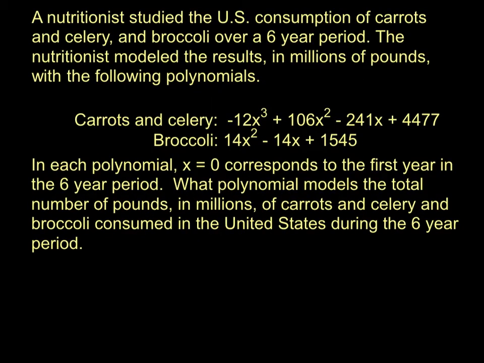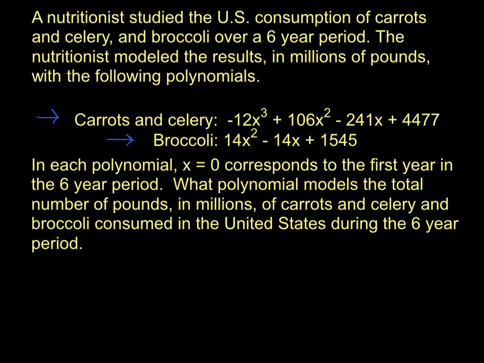Okay. So let's take a look at this. Take a minute and read this word problem and figure out what it is we're trying to set up. So we've got two polynomials here. We've got one function for carrots and celery, and a second function for broccoli.